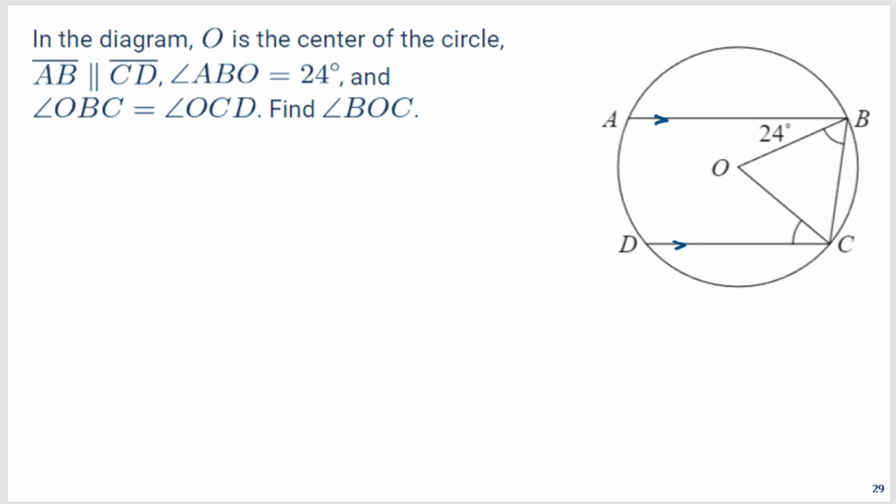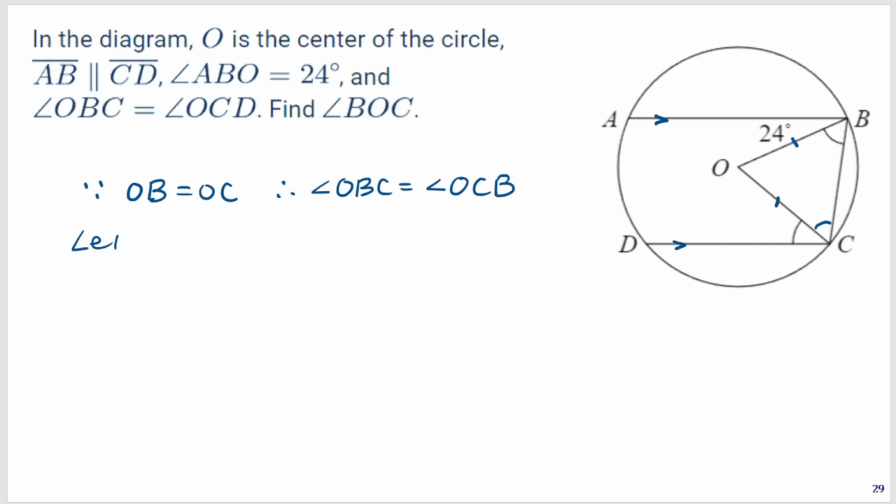76 is correct. Okay, let's have a look at the solution together, okay? All right, so note that OB is the radius of the circle, OC is also a radius, right? So we could say because OB equals OC, triangle OBC is an isosceles triangle, therefore we have angle OBC equals angle OCB, right?